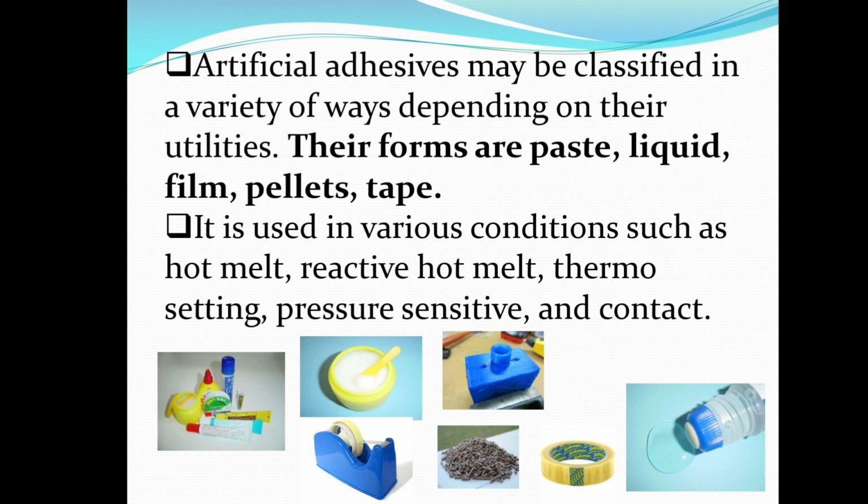Artificial adhesives may be classified in a variety of ways depending on their utilities. Their forms are paste, liquid, film, pellets, and tape. They are used in various conditions such as hot melt, reactive hot melt, thermosetting, pressure sensitive, and contact.